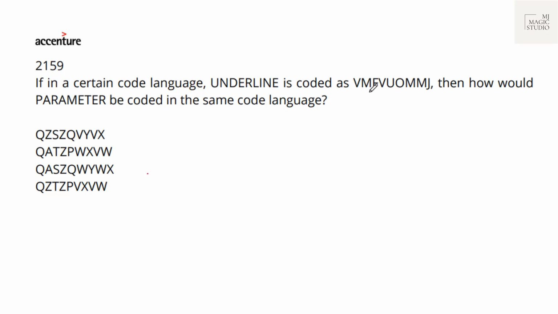Okay, one more. Its underline is coded as something like this. Then how is PARAMETER coded? And I just look at the options. We have Q and the second letter fight. Let's do it for the first two. UV, that means moving one ahead, PQ. NM, moving one backward.